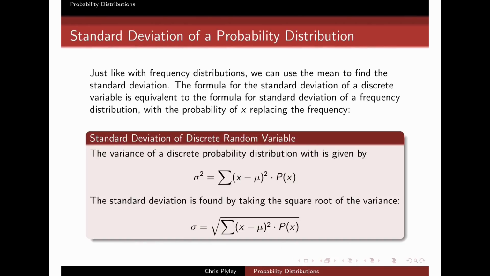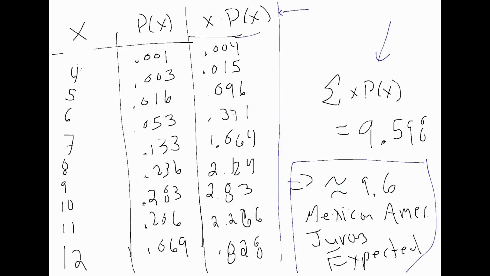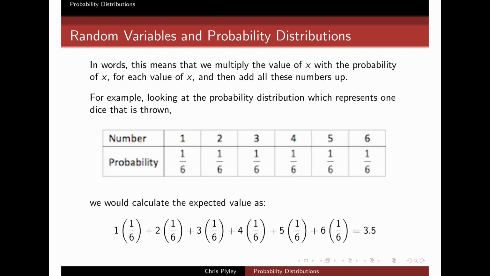Okay, and so if we think about the expected value as roughly the mean of our probability distribution, then once we have a distribution and a mean, we can go ahead and consider the standard deviation. How spread out is this probability distribution? We've already seen 2 examples which should have vastly different standard deviations.